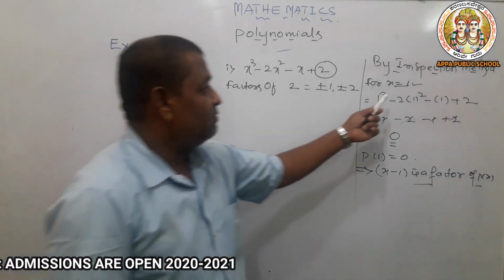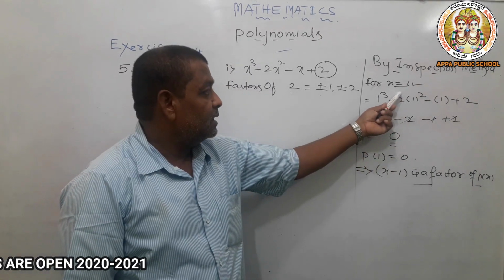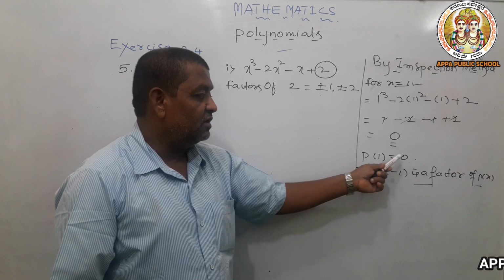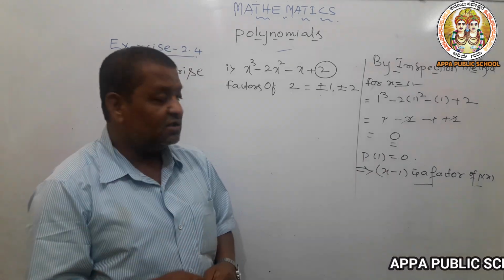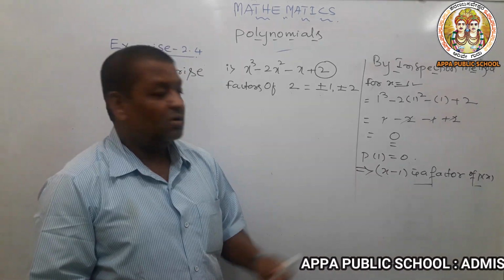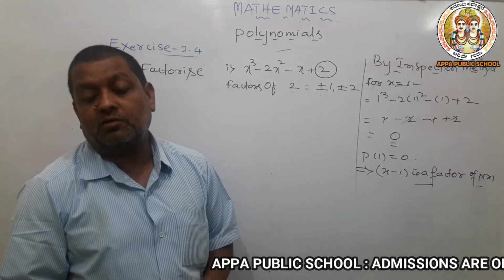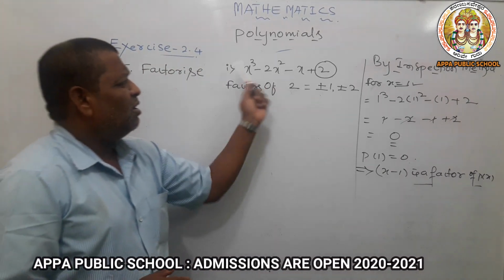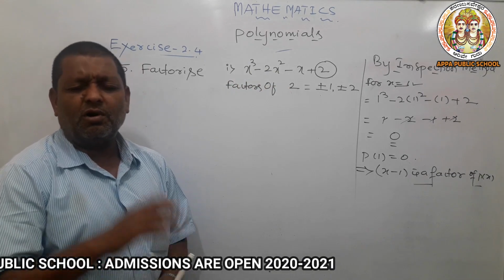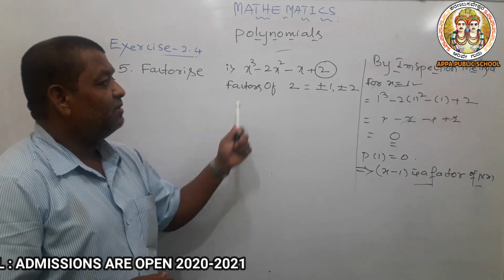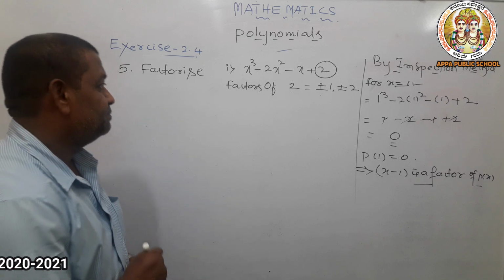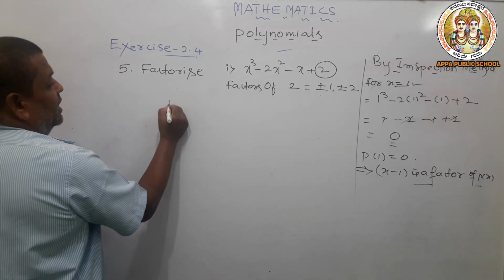Yes, I went for x is equal to 1, then I got 0. So p of 1 is equal to 0, and by factor theorem, x minus 1 is a factor of the given polynomial. In this way, for all sums of this type, we can find at least one factor first.